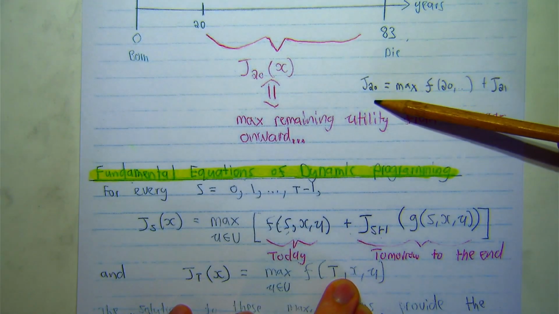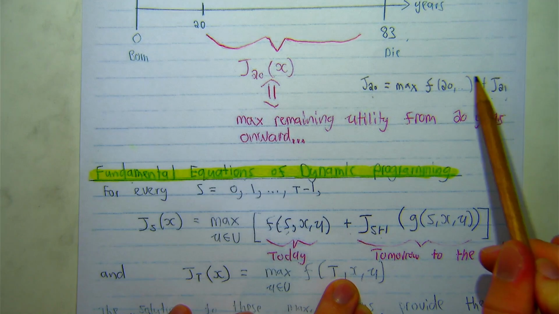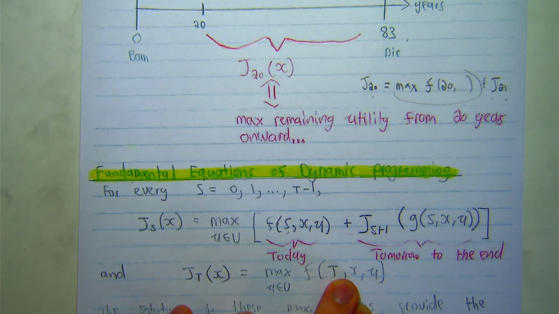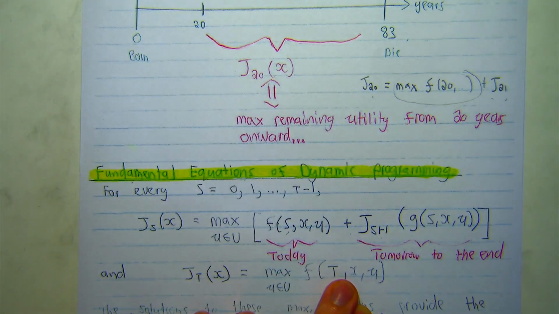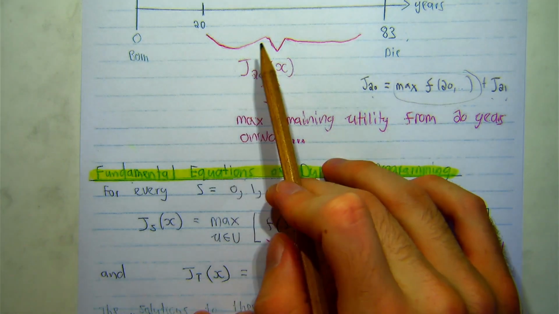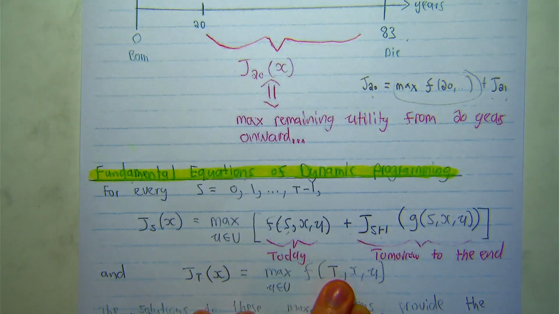Our value function for time period 20 is equal to our value function for 21 plus your optimal decision at specifically time 20. And that makes a lot of sense, because if J20 is the maximum utility for the rest of your life, then that is equivalent to the rest of utility maximized from 21 to the end, plus individually maximizing it on the 20th period.